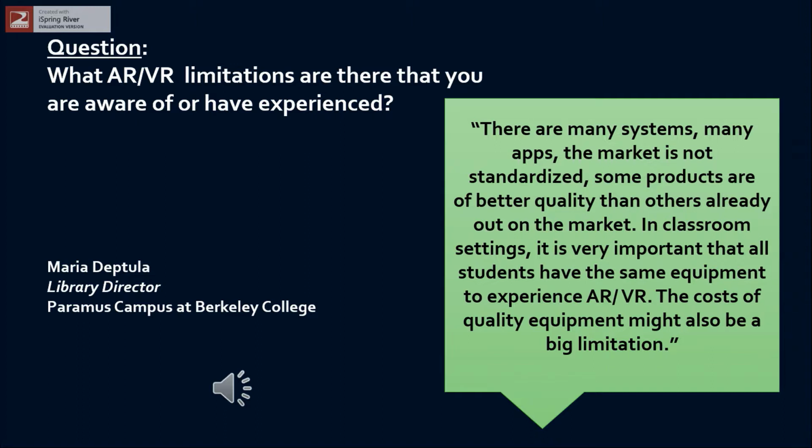For instance, if we want to use virtual reality in a class, we need to provide the same apps and the same gadgets so they will be able to see everything in the same way. And this is a big limitation.